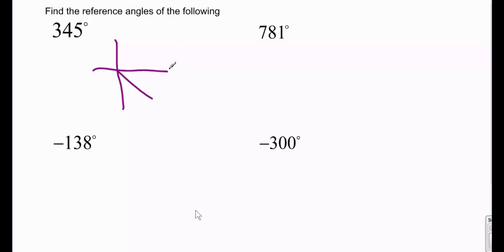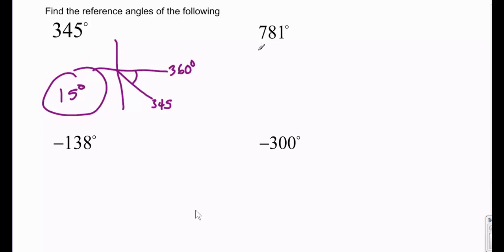I know I'm at 360 degrees if I go all the way around. So how far away is 345? Pretty easy. 15 degrees away. That's my reference angle.